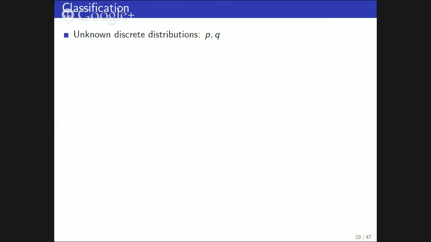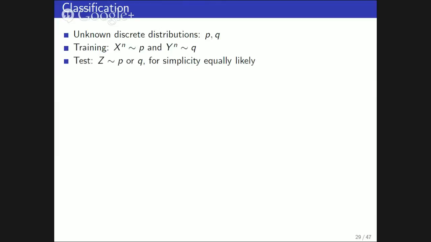So you have a training set that consists of n samples from P and n samples from Q. Then you get a new test sample Z, which is distributed either according to P or according to Q, and for simplicity, we assume equally likely. The question is which of P and Q generated Z.